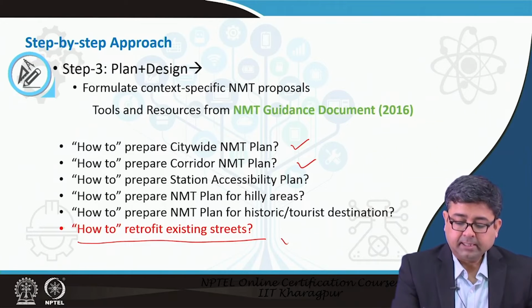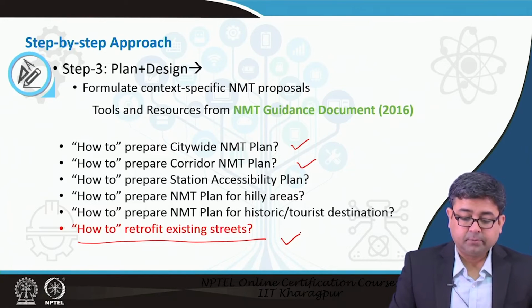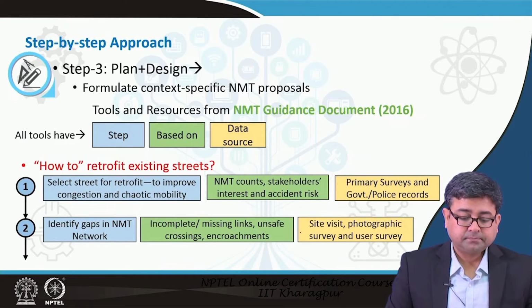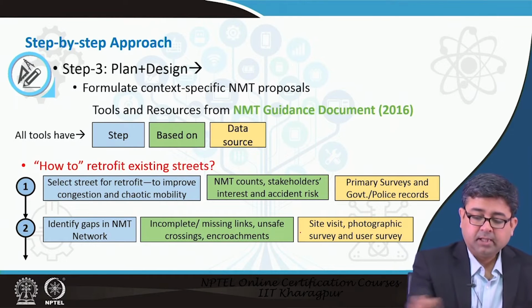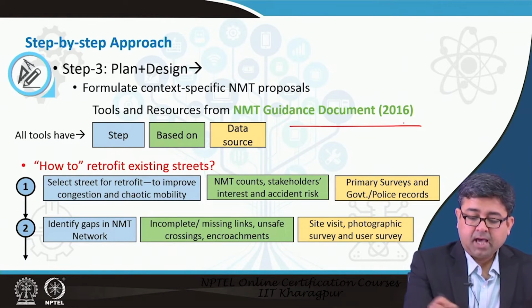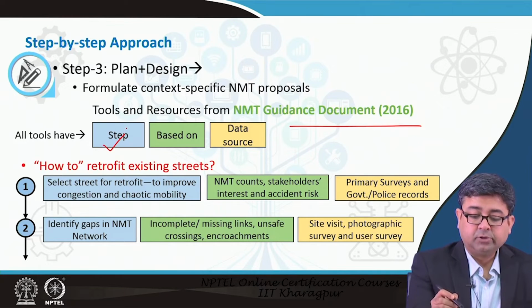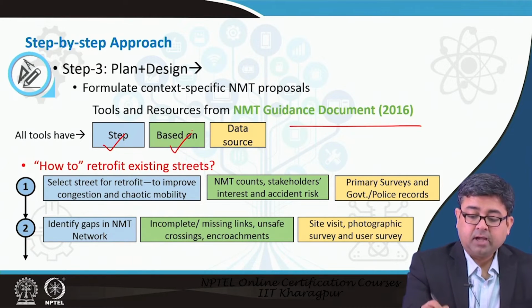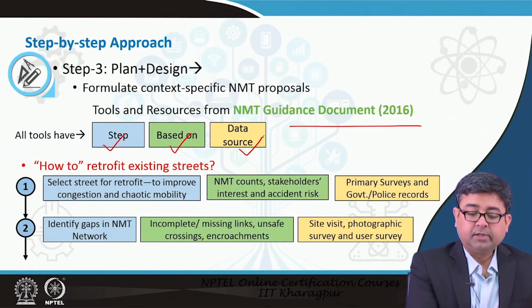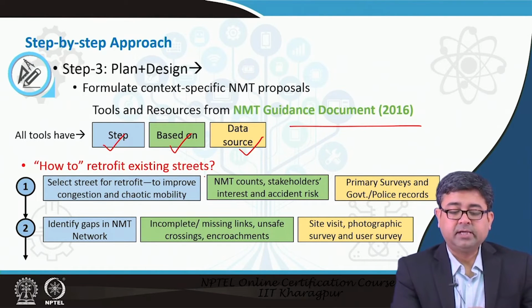So, let us look into a step by step quick example of how to do that. All of the tools in the guidance document are usually color coded and involve three things. It shows what to do, what that step is based on, and where you get the data from. For example, how to retrofit existing streets.